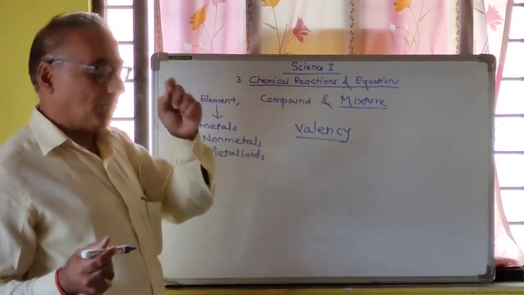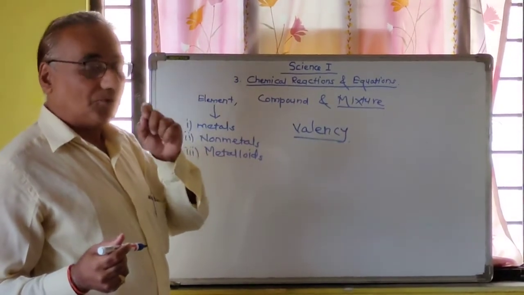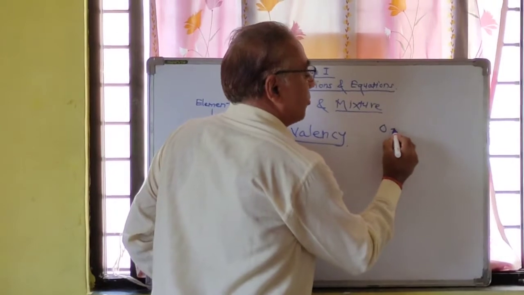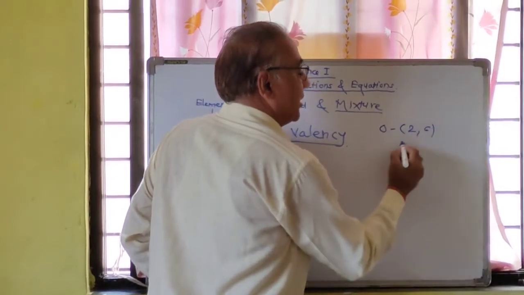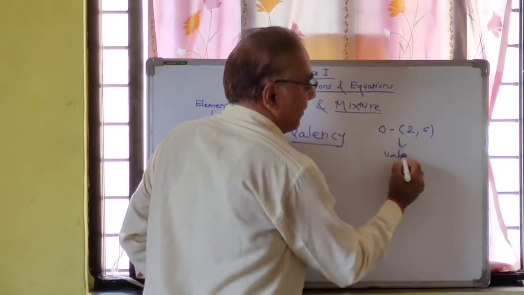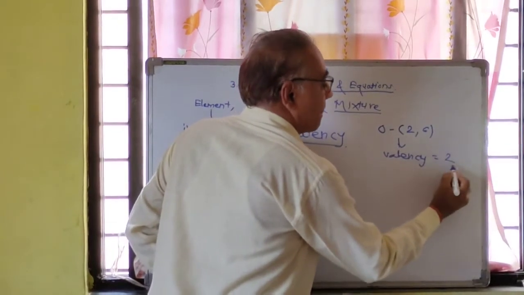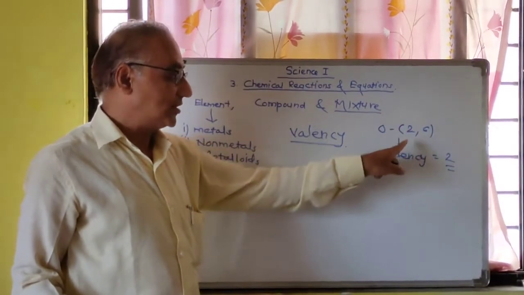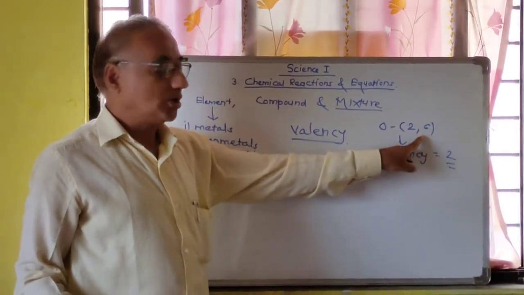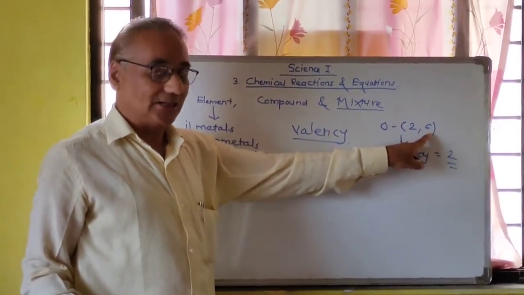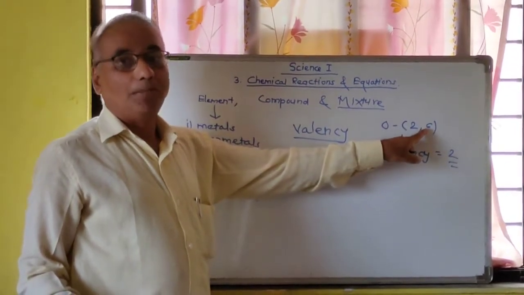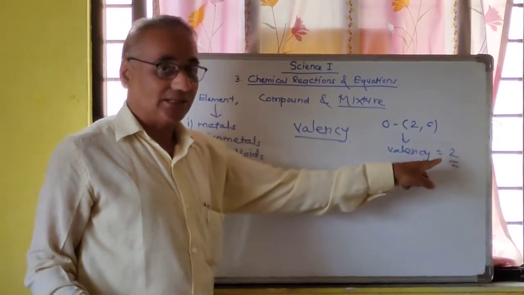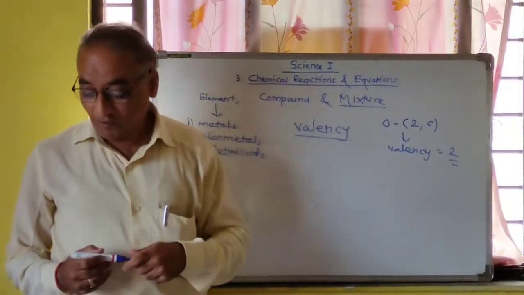Suppose we consider the electronic configuration of oxygen, which is 2,6. Its valency is 2, because the outermost orbit of oxygen contains 6 electrons, and to complete its octet it requires 2 electrons, so its valency is 2. This is the concept of valency.